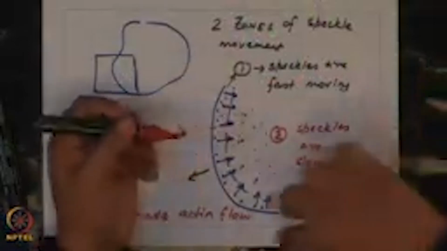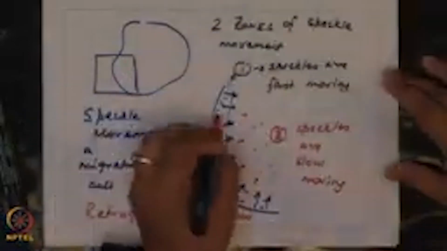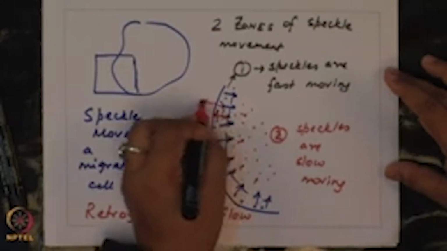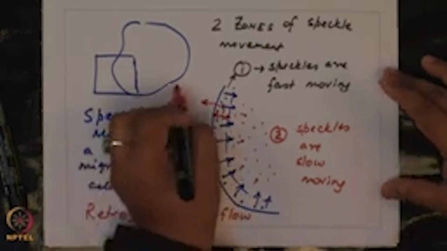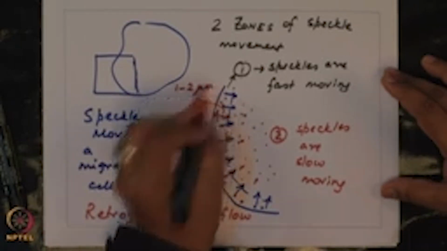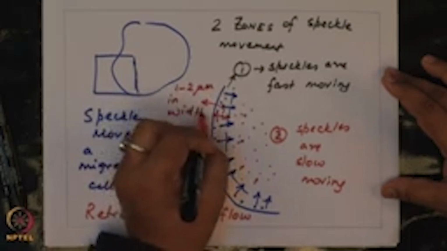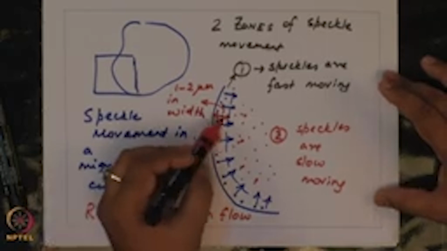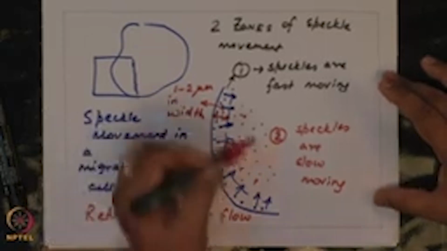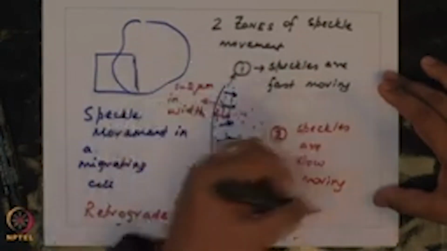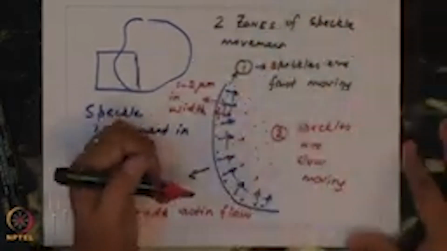You have fast moving speckles right at the periphery of the cell. The width of the region where the speckles are fast moving is approximately 1 to 2 microns, and then there are slow moving speckles towards the center of the cell.